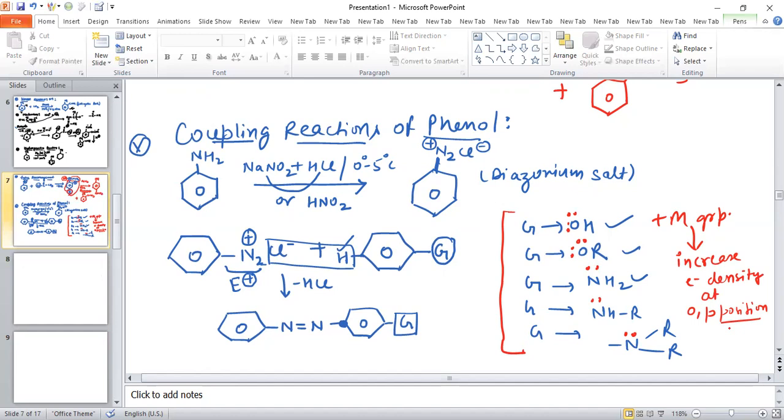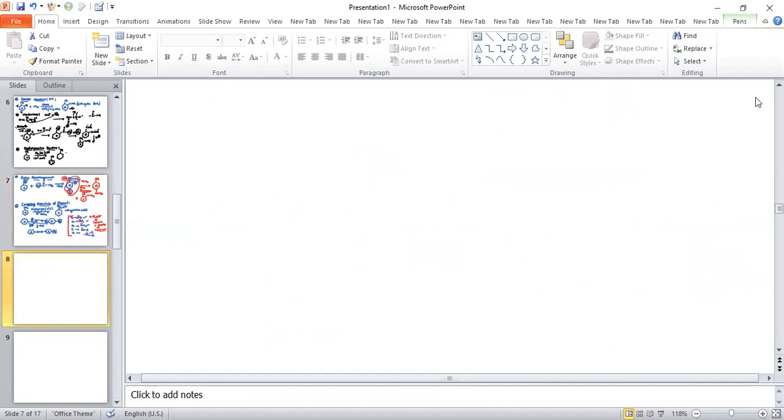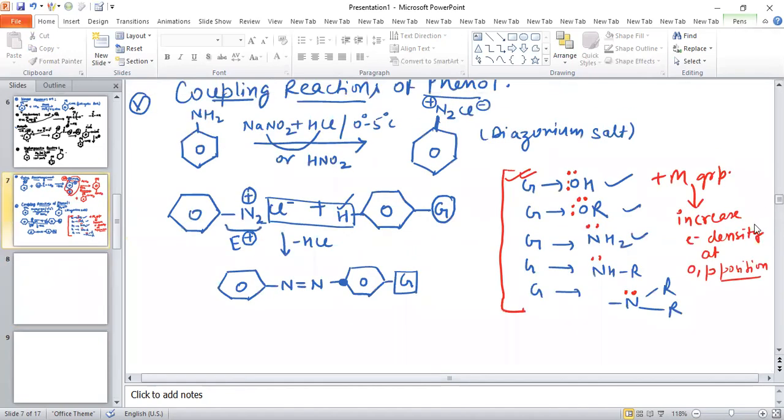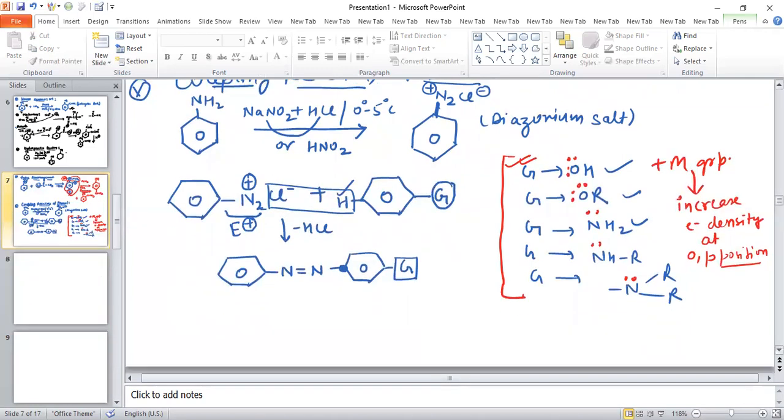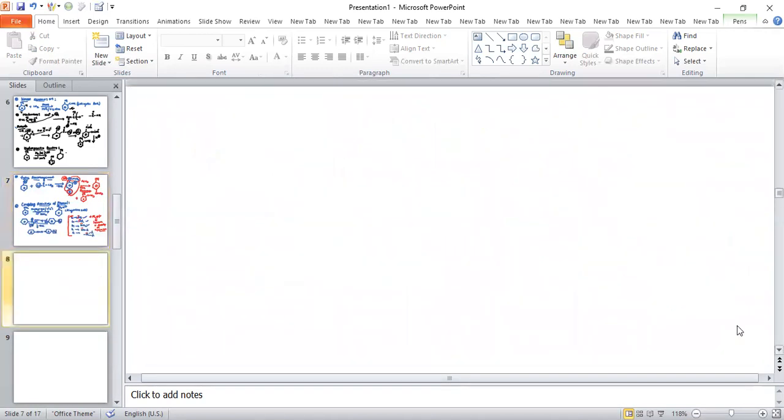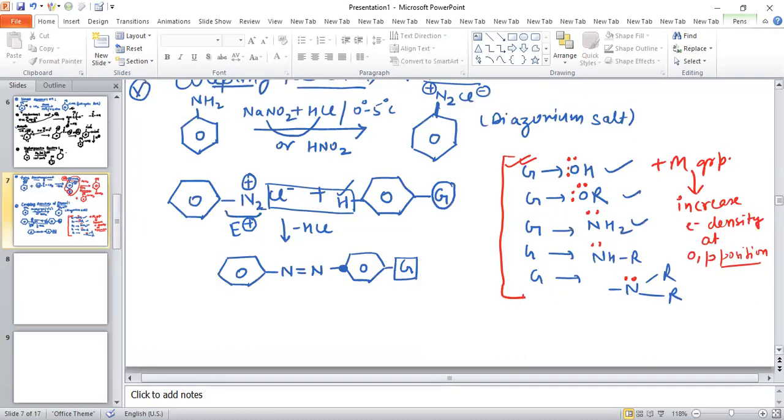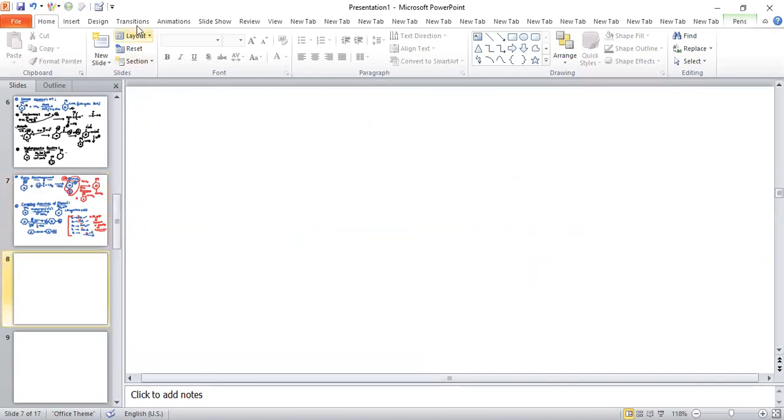So this is basically the reaction. First reaction I'm going to discuss with you is the coupling reaction when the group is OH group. So how will the coupling reaction take place? Now see. I am going to discuss the coupling reaction when phenol is there.